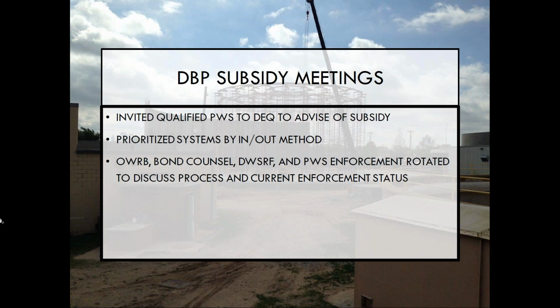So the water board discussed the financial aspects with the bond council, the project engineer, environmental coordinator, and program coordinator with the DWSRF would talk about all those requirements. Our compliance staff and our enforcement engineers also rotated to discuss the current enforcement status and let them know how important it was to move forward with this subsidy and hopefully use it to attain compliance. Next slide, please.